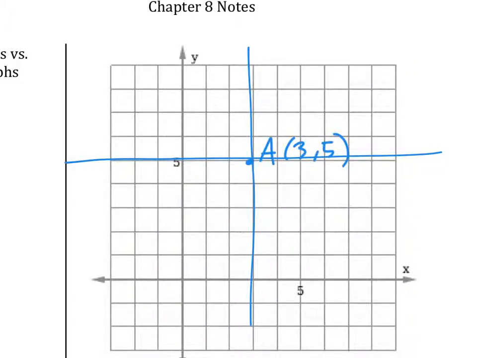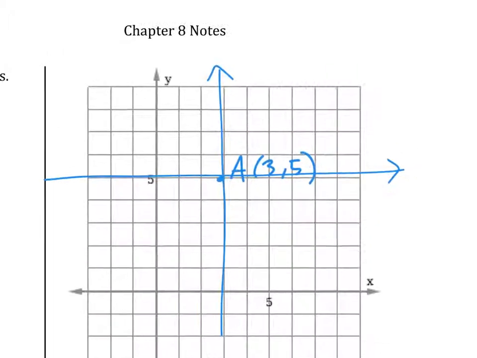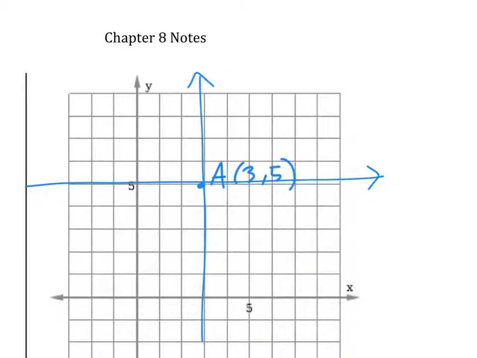Okay, and then since I moved the axis, I cannot call this x and y anymore because they are not the same x and y as before. I'm going to call this x prime and y prime. So it's just in terms of this new coordinate. A 3, 5 is in the original coordinate system.